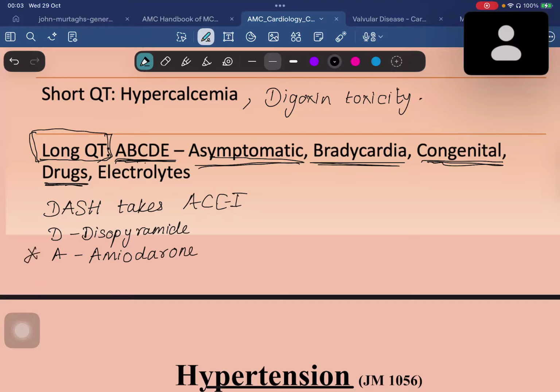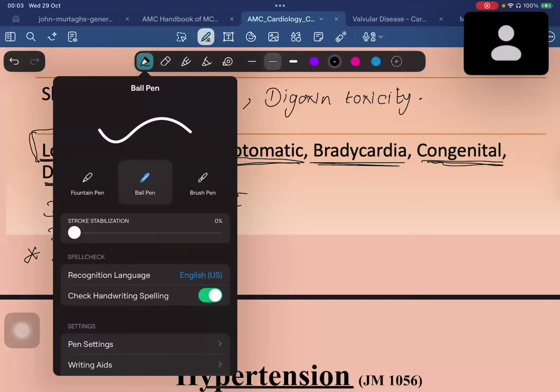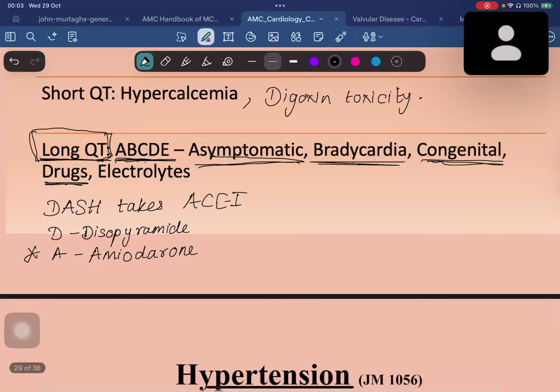Amiodarone was pretty repetitively asked for this long QT question. And S was sotalol, and the H was haloperidol, which very commonly appeared in psychiatric questions.